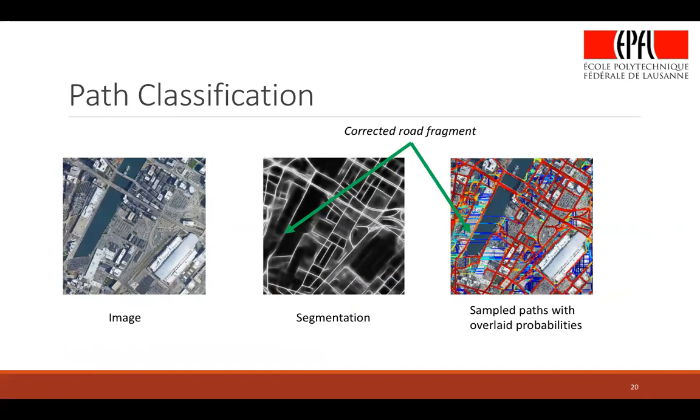For example, the path that is pointed to by the green arrows, even though it's not present in the segmentation, once we draw a path between the two endpoints and classify it, turns out to be a positive path. On the right, the paths are color coded: red means that this is a very probable path, and blue means that it's probably a negative path.